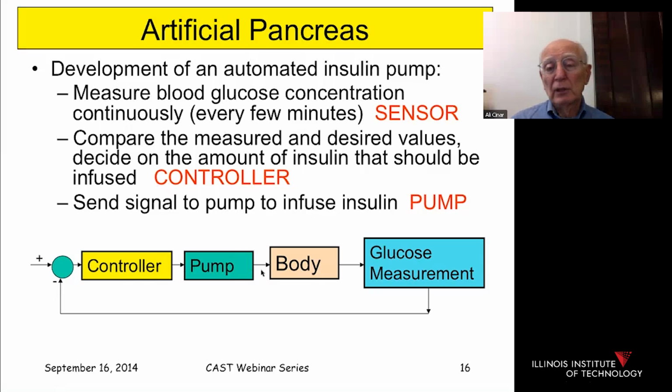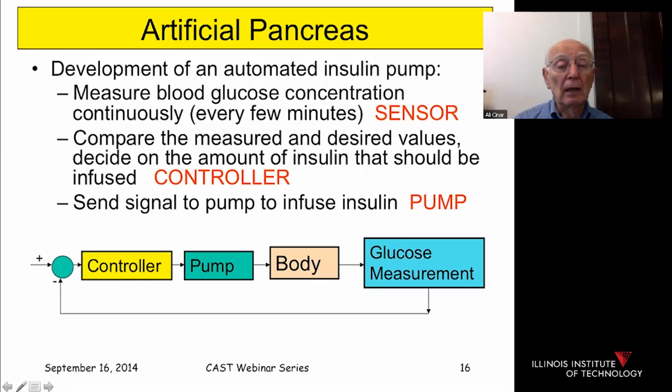But if we strip this further down, this is actually what the patients have been doing for years manually, except that when there were no glucose sensors able to measure and report glucose concentration frequently, they were doing it through finger sticks and collecting some blood sample to measure the glucose a few times a day.